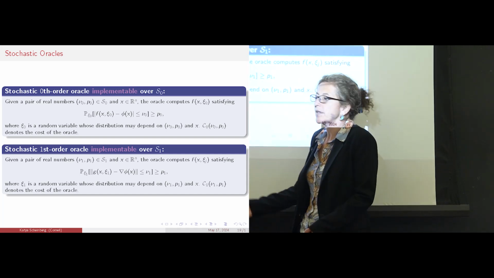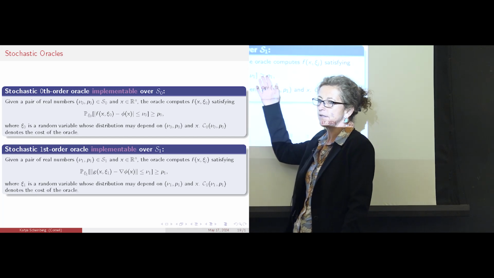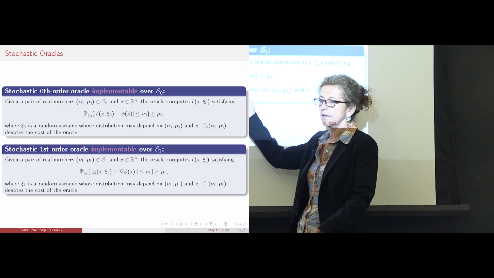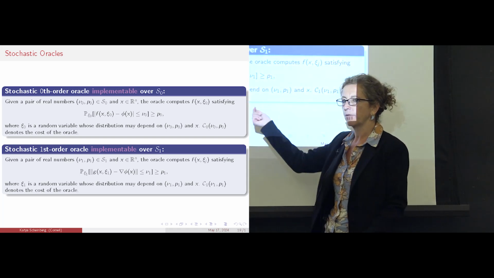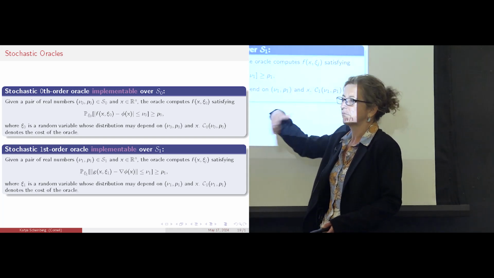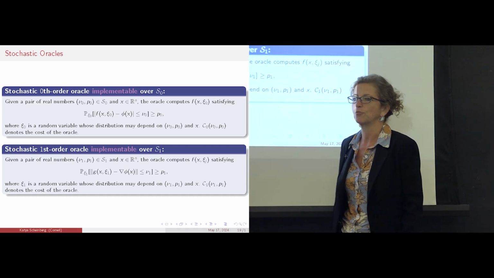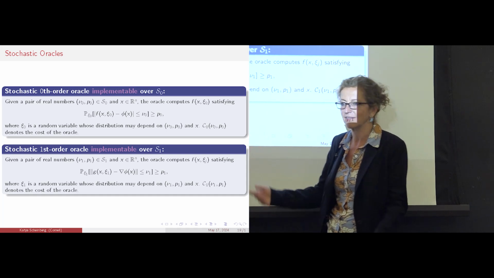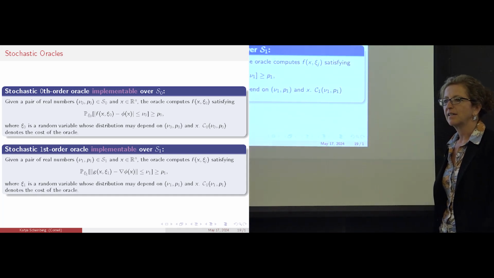If you just happen to have an oracle that produces a bound on a one norm, then either you have an algorithm that can work with that directly, or you just transport it into two norm. And then you have dependence on dimension. It's not as nice, but.